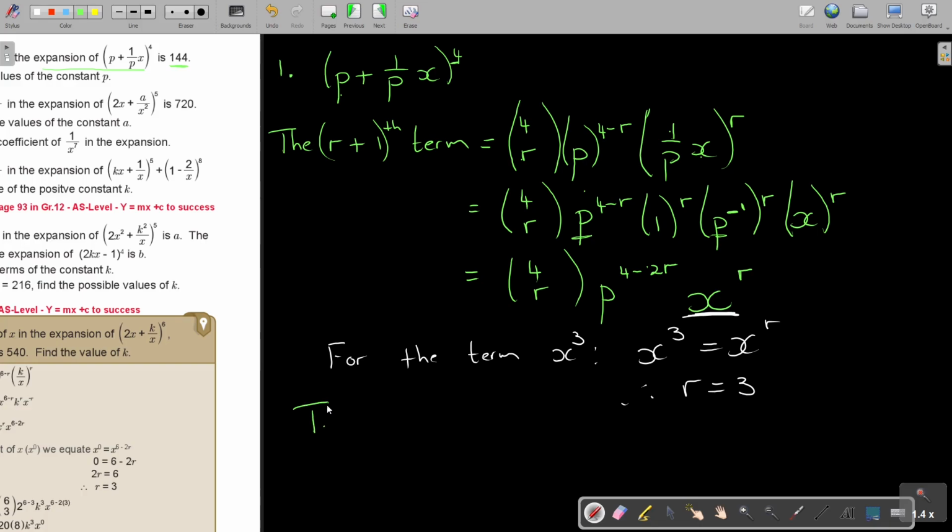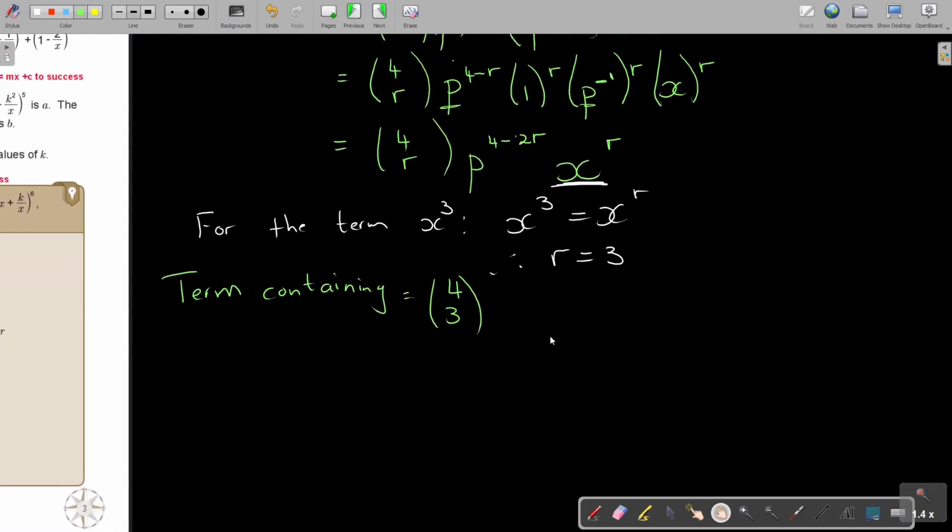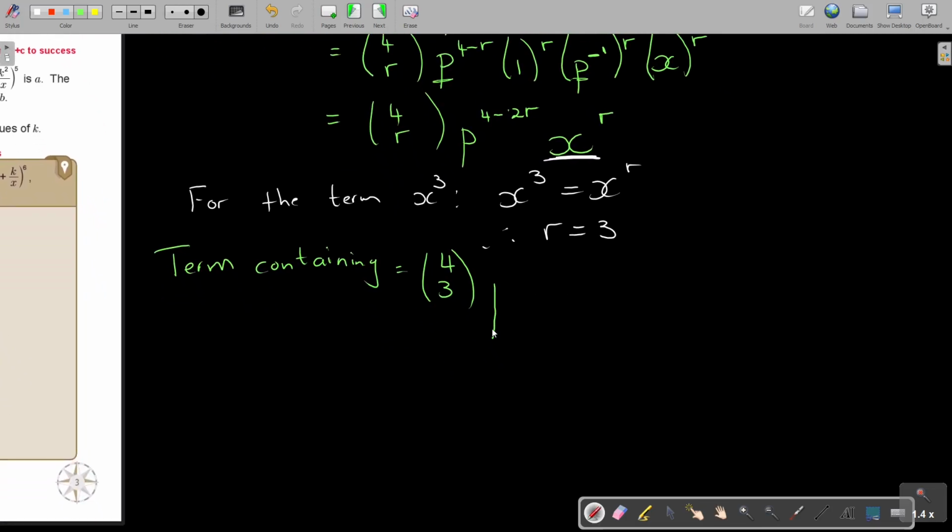So the term containing x3, okay, let's just move it up. And then it's going to be p, and I'm just substituting there. So it's 4 minus 2 times 3, and x3.